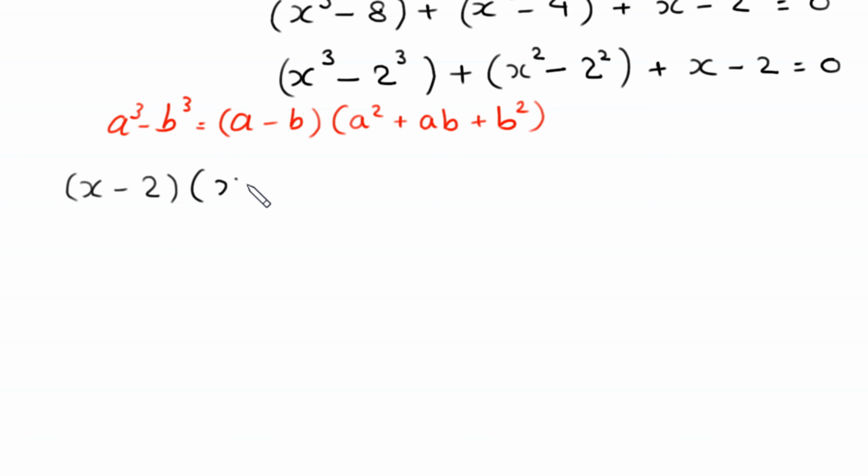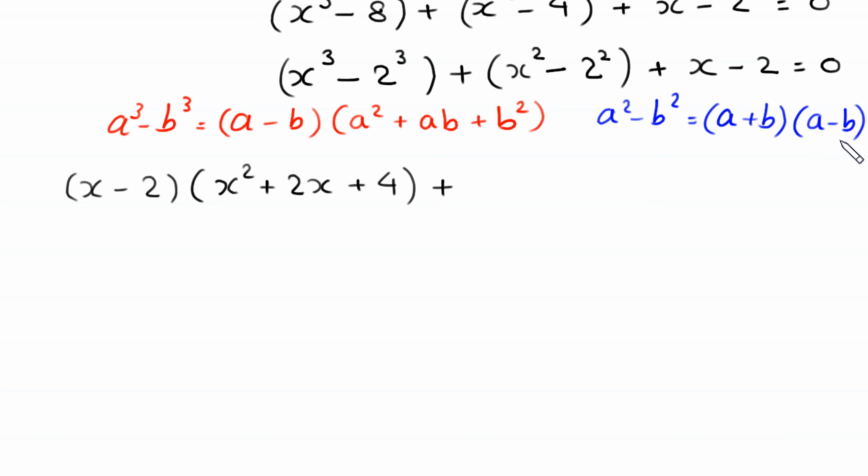times x squared plus 2 times x plus 2 squared, or 4, plus by using this algebraic identity, a squared minus b squared is equal to a plus b times a minus b, this x squared minus 2 squared will become x plus 2 times x minus 2, and from these two terms x minus 2 we can factor out plus 1. In bracket left, x minus 2 is equal to 0.